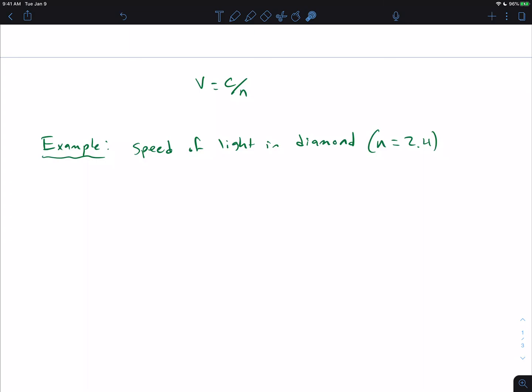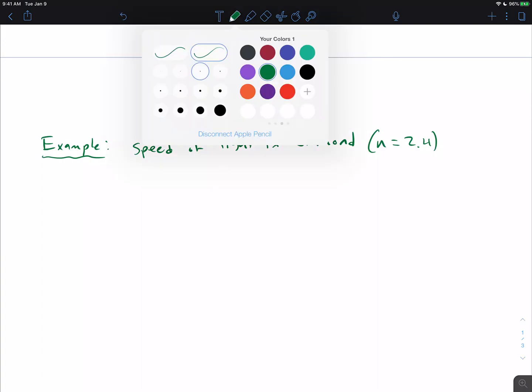And the formula that we can use to find this is very simple: C, remember this is my speed of light, divided by my index of refraction. This will give me my new speed of light in a certain medium, right? So let's jump right into an example: what is the speed of light in diamond, if the index of refraction in diamond is 2.4.